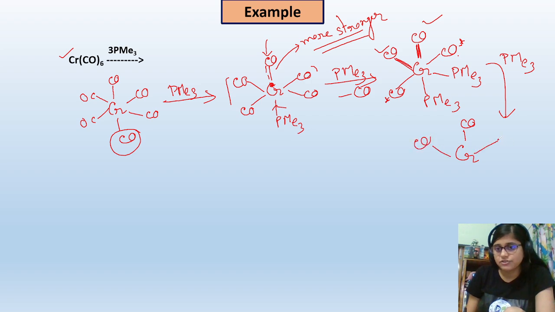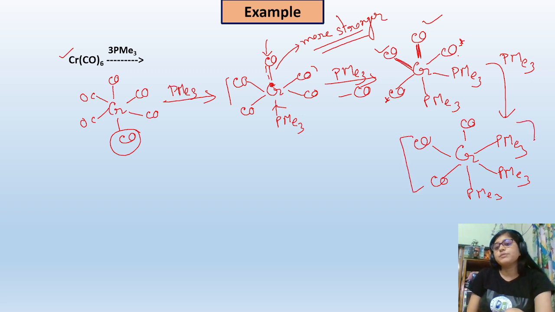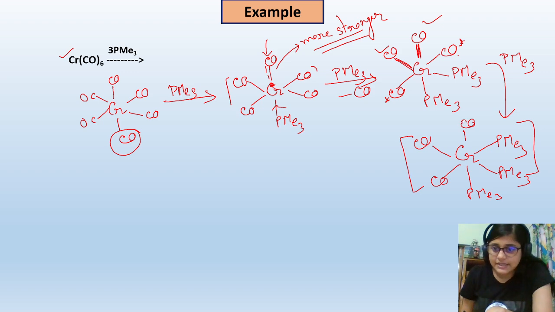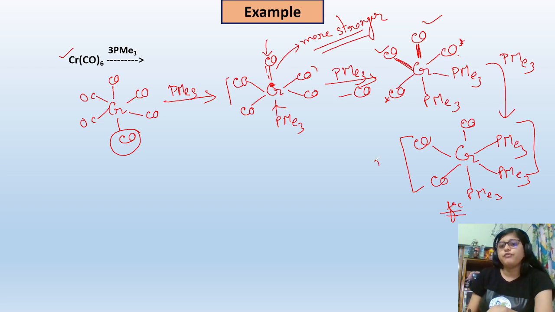Let's say this one is removed. So it will be PMe3 here, PMe3 was present here, and here CO. Now see what kind of isomer this is. I have taught you that this kind of isomer is called the facial or FAC isomer. So the FAC isomer will form.